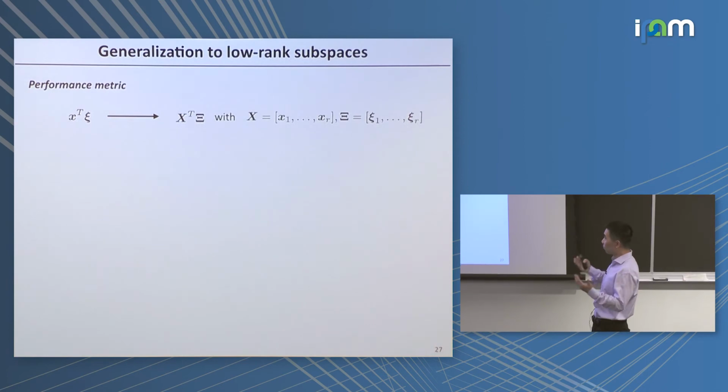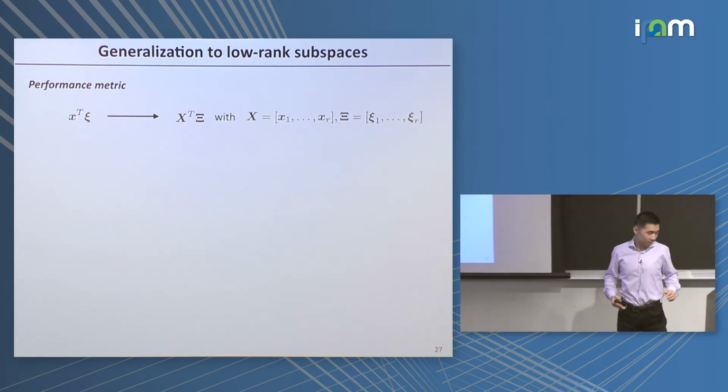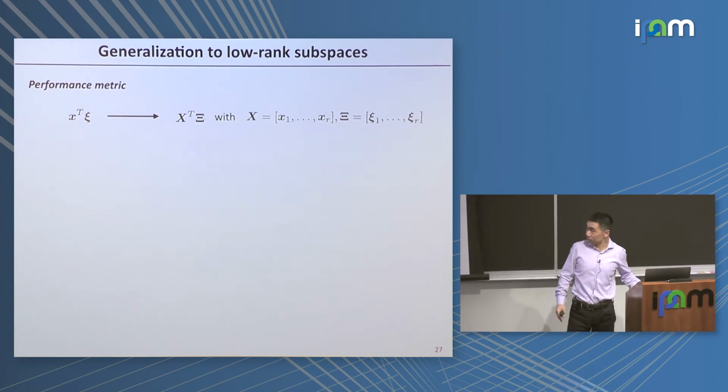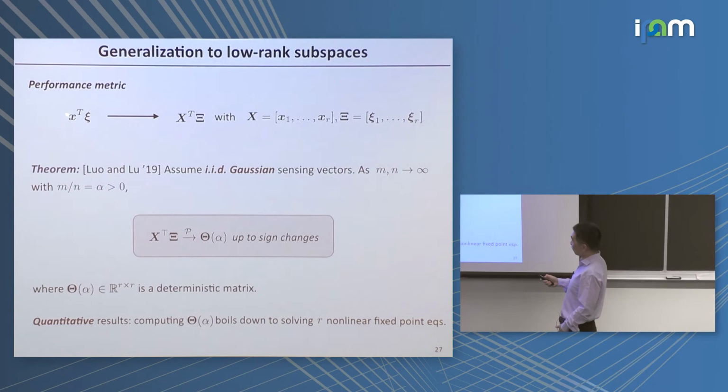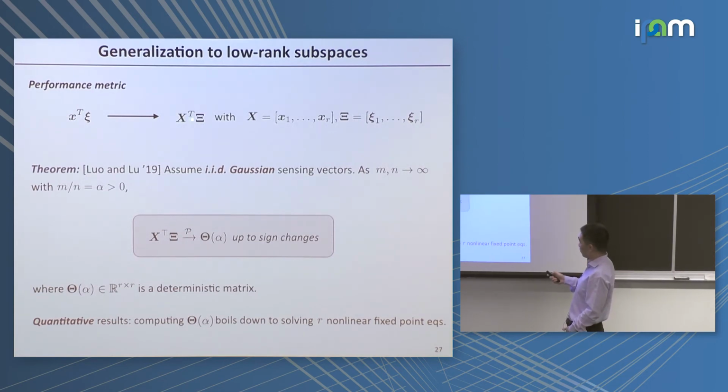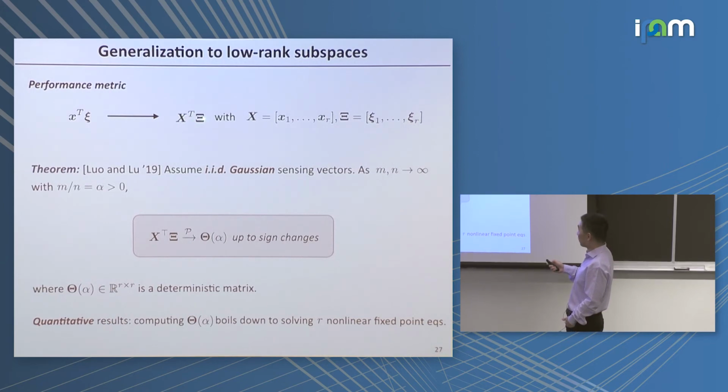And similar generalization can be done for the rank R case. It's the same type of story, but you have to be more careful, and you have to solve a more complicated nonlinear set of equations. In this case, instead of just a correlation, what we study is the correlation matrix between a set of eigenvectors and a set of fixed basis vectors.